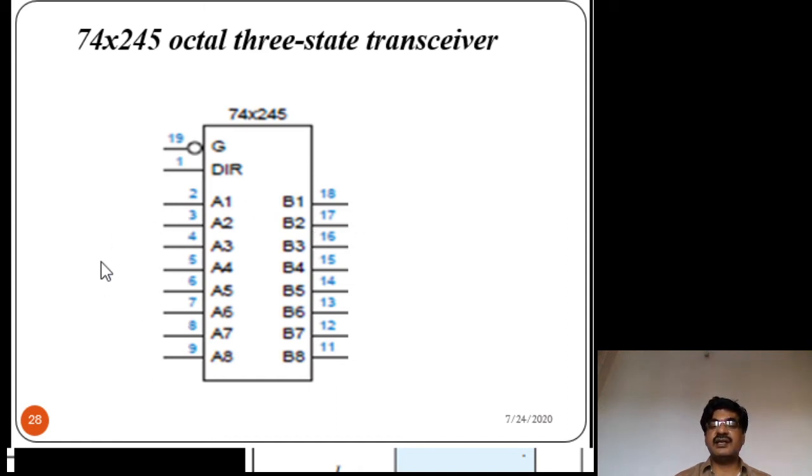Whatever data is available at A is transmitted to B, or whatever data is available on B is also transmitted to A. That direction is controlled with the DIR input. The direction of data transmission, to the right side or left side, is decided by the DIR input. And G is active low and acts as the enable input.